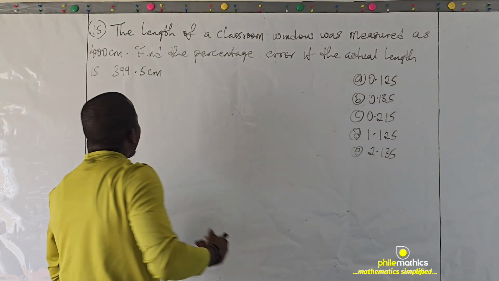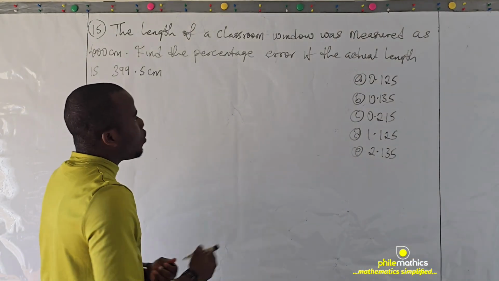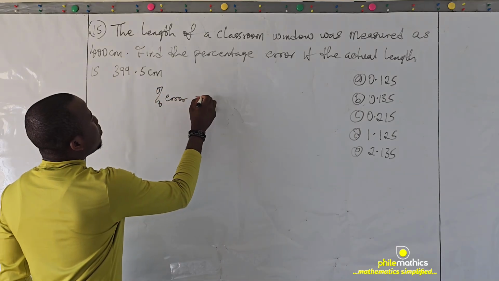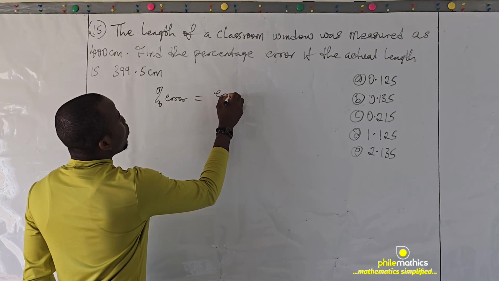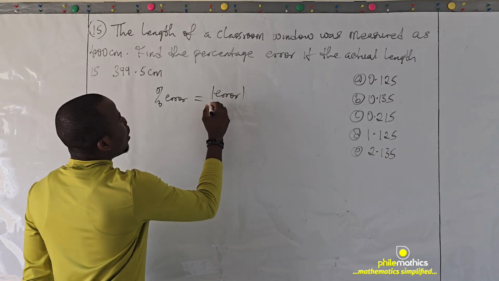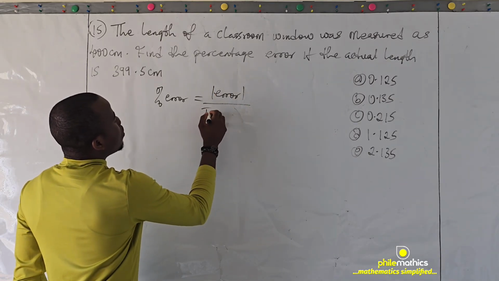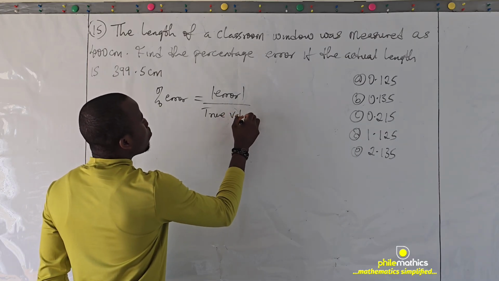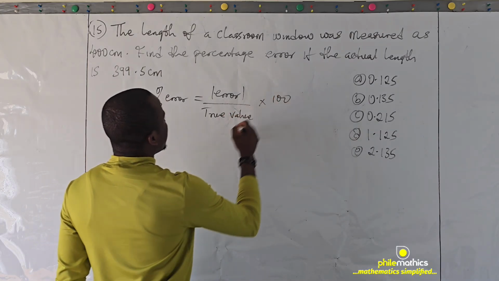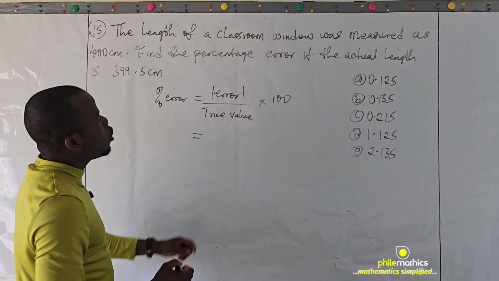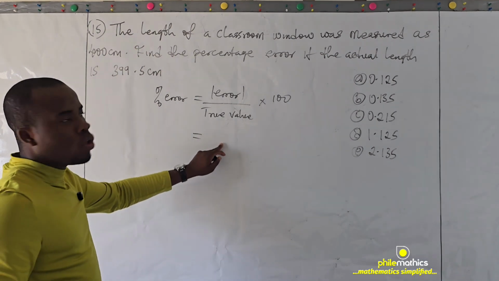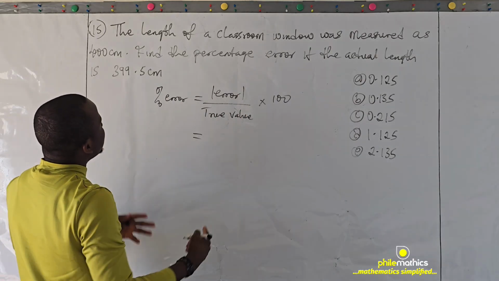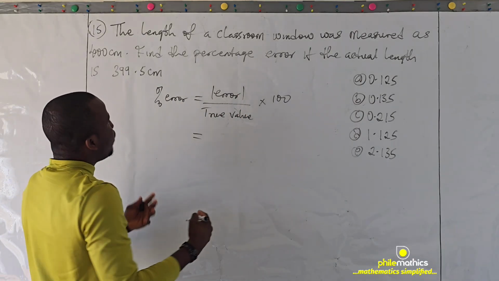So you want to recall the formula for percentage error. Percentage error is simply the absolute value of the error over the true or actual value times 100. And so how we measure the error is the true minus the miscalculated value.